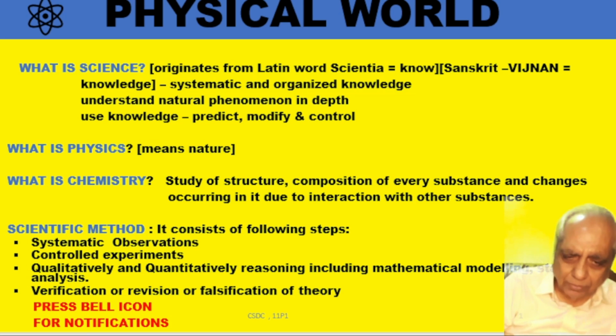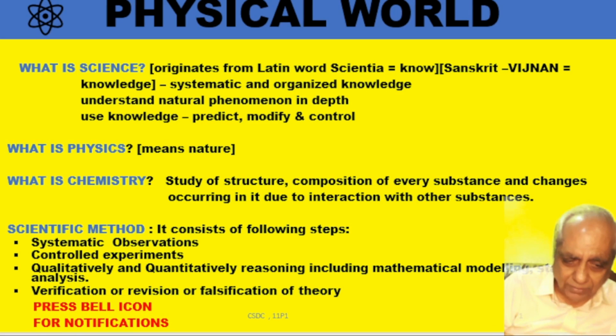Then, based upon the results of the experiments and the observations, we should do qualitative and quantitative reasoning. We should first reason out on what factor it depends, then how we can quantitatively include that factor. Then we can also do mathematical modeling.